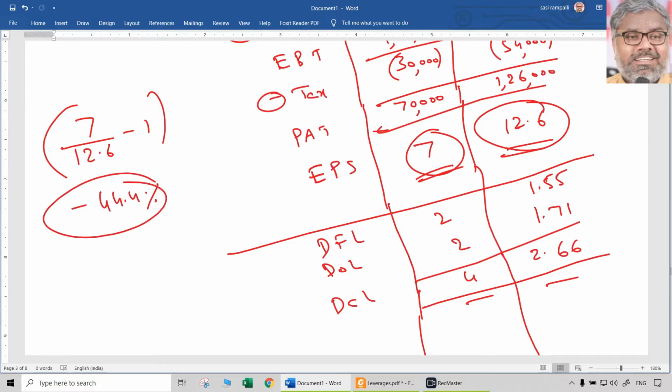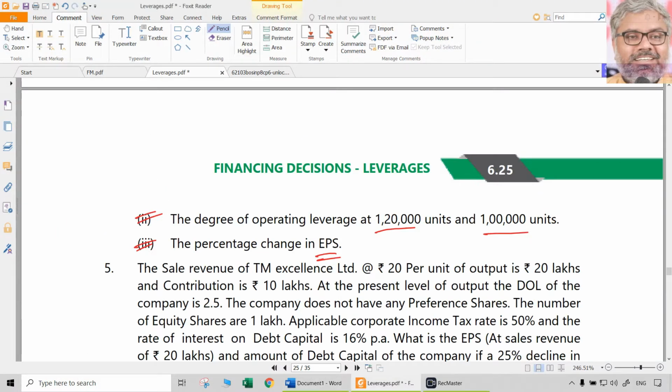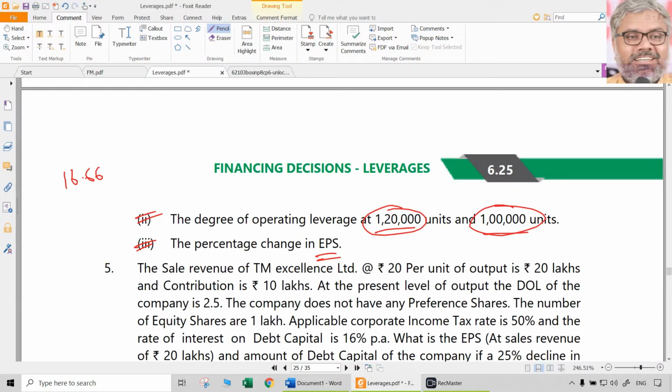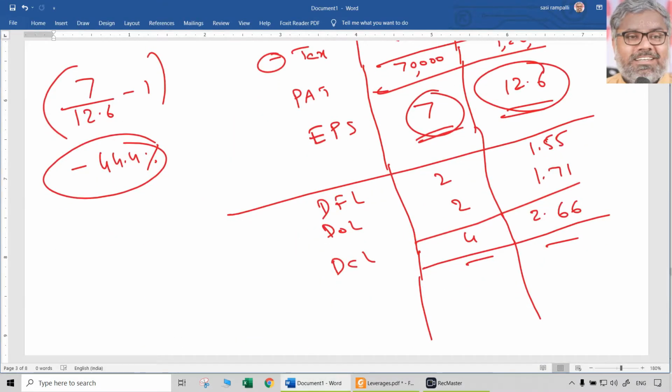That is the decrease in EPS because of a decrease in sales by how much percentage? 20,000 divided by 1,20,000 means 0.166. In other words, 16.66 or 67. So that has resulted in a decrease in the EPS by 44.4%.